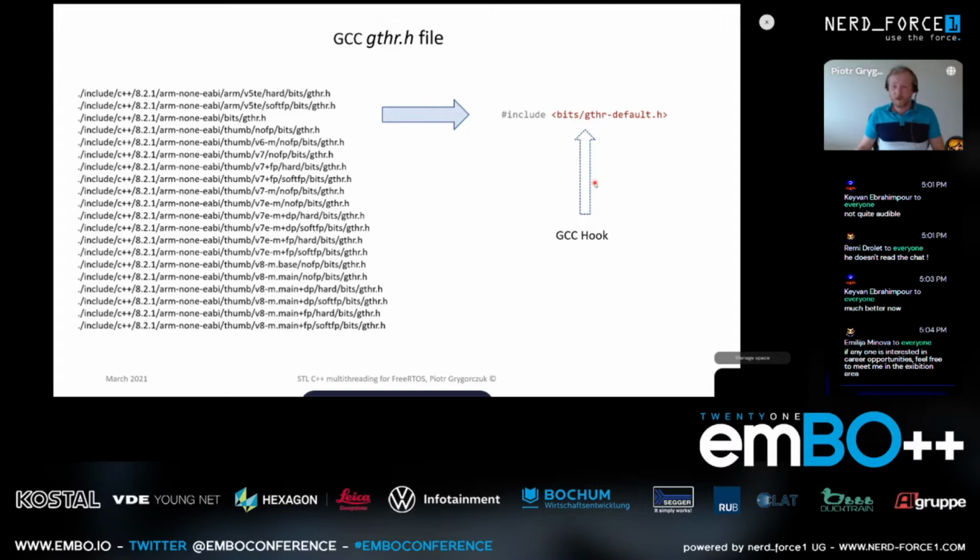The second one is this definition, which is for GCC to tell that multi-threading is present in the system. In my case, I just define this in the CMake script. I'm not sure if there's a different way of doing it, but anyway, it has to be visible in your project.